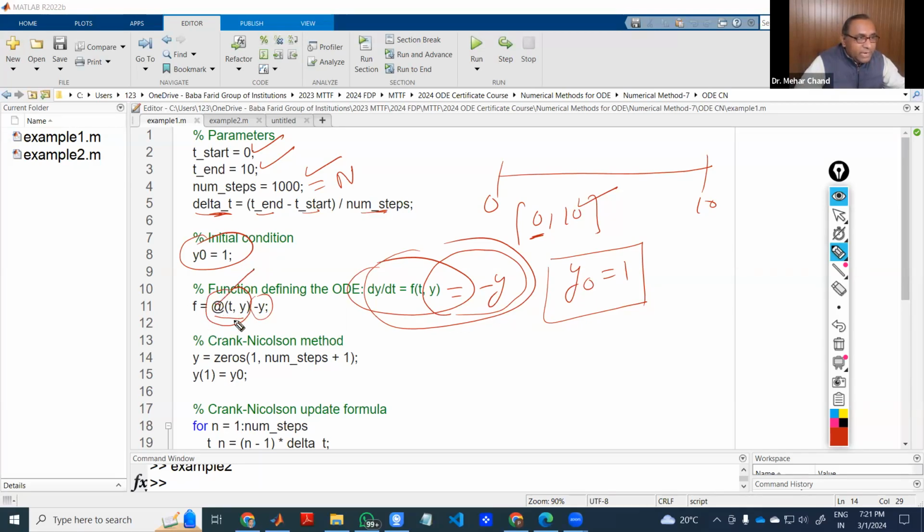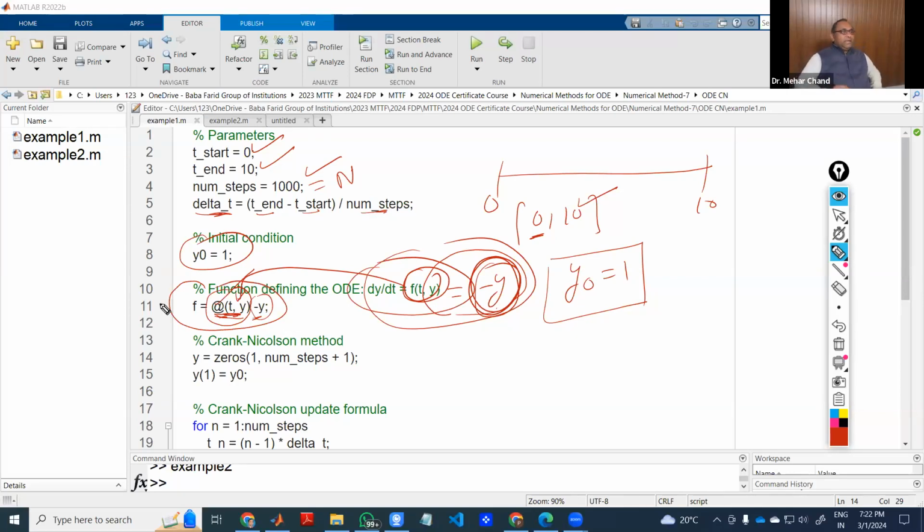The meaning of the at sign is that the variables or parameters involved in the function appear in its place. So we write all the parameters or variables involved in dy upon dt. So dy upon dt is a function of t and y, but it is equal to minus y. So f(t, y) is only a function and is equal to minus y. So this is the anonymous function and we can easily use it.